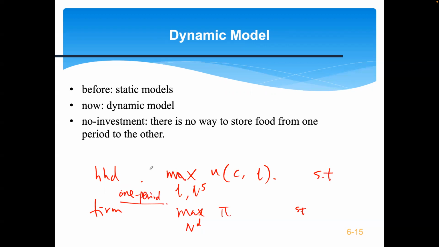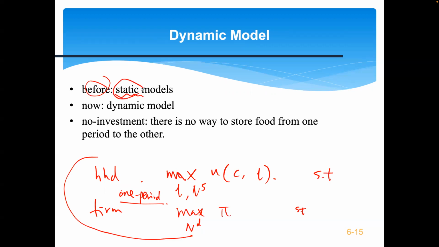There's no saving. Now, starting in this chapter, remember we talk about economic growth, and in particular long-run economic growth. We are not talking about one period only. The main difference is that before this lecture, we focused on static models.